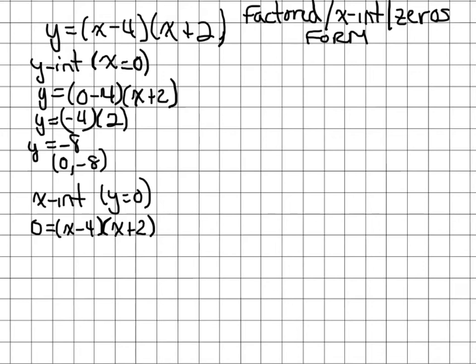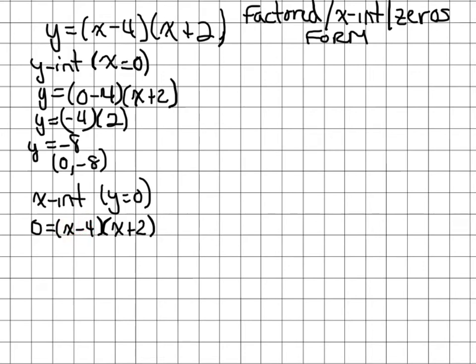It's not as easily solved or directly solved like we found with vertex form, but if we think here, well, because this is being multiplied to this, if one of these two are 0, then that would make the whole thing 0. So if this all added up to 0, then 0 times all of this, no matter what this is, is 0. And same with this. If this was all 0 and I multiplied it to whatever this ended up being, then we'd have 0 times whatever, and we would end up with 0.